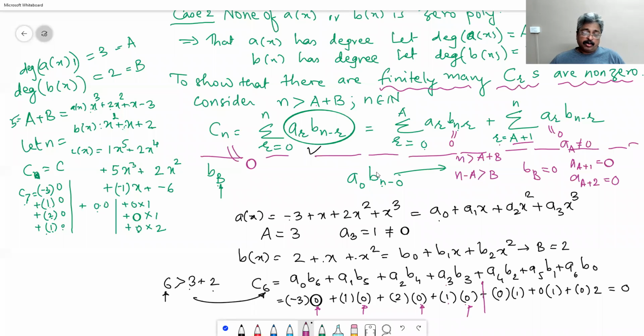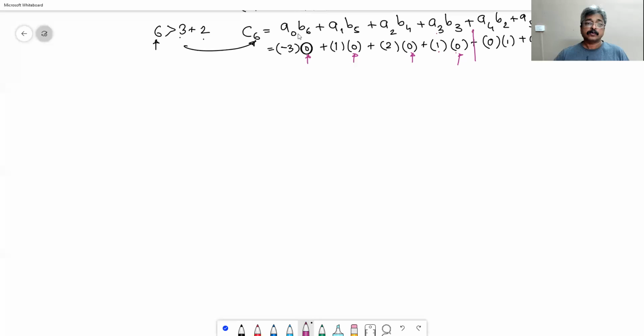But now, in your own understanding, write down a couple of steps indicating why b_(n minus r) is 0 in this summation and why a_r is 0 in this summation, and conclude by saying that in every case c_n is going to be 0, hence finitely many c_r are non-zero. Complete it, then we write the proof for the third.